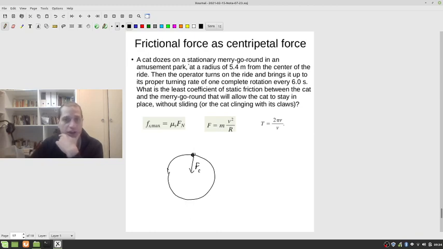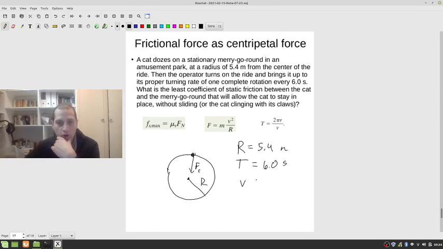Okay, the radius of 5.4 meters. So there's r from the center of the circle. Then the operator turns on the ride and brings it up to its turning rate of 1 complete rotation every 6 seconds. So that gives me the period of rotation is 6.0 seconds.